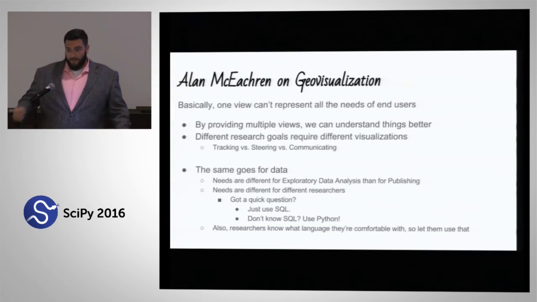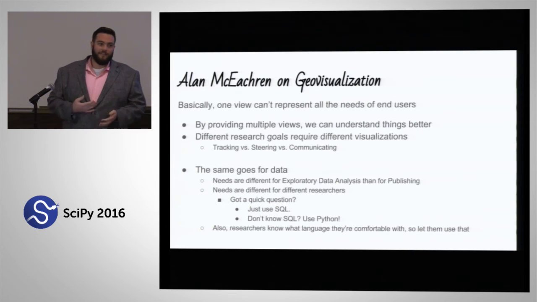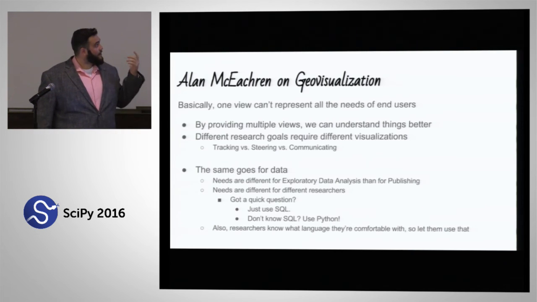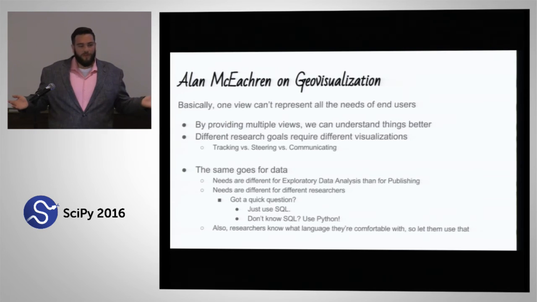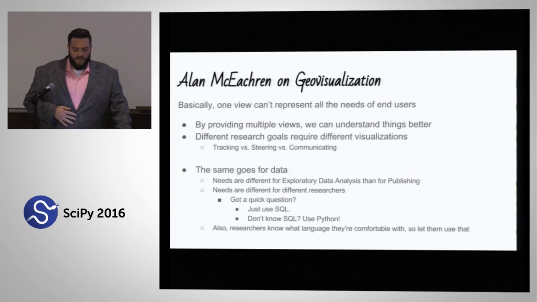But what is the question for all this, right? You just watched me stand up here and almost babble for 20 minutes. The reason all of this matters comes back to Alan MacEachren's view on geovisualization. Basically, one point of view can't represent all of your needs. The same goes for data.